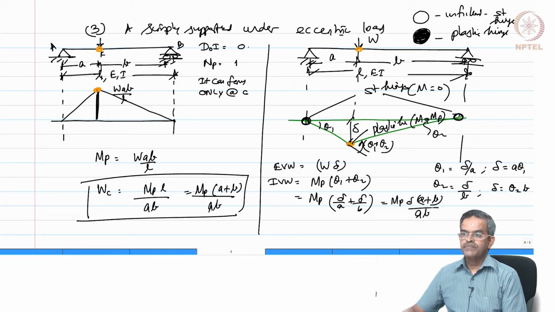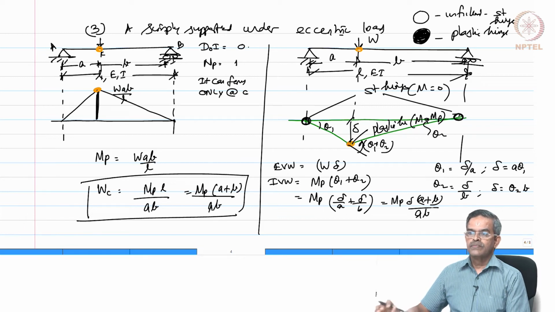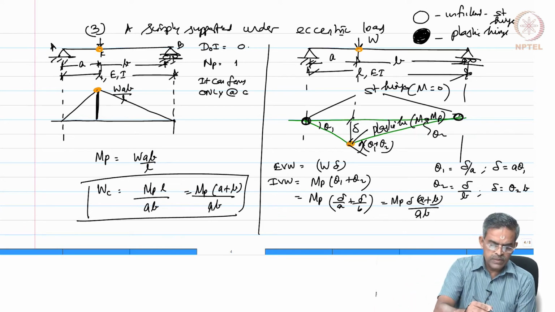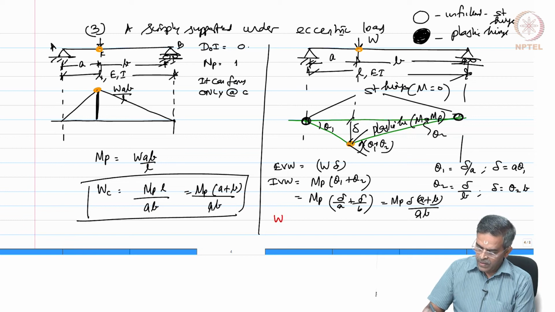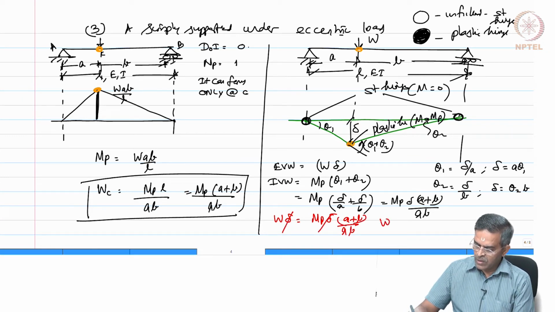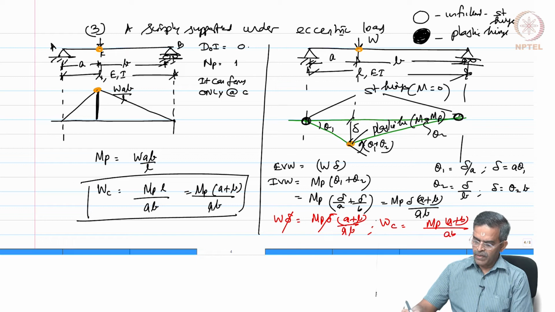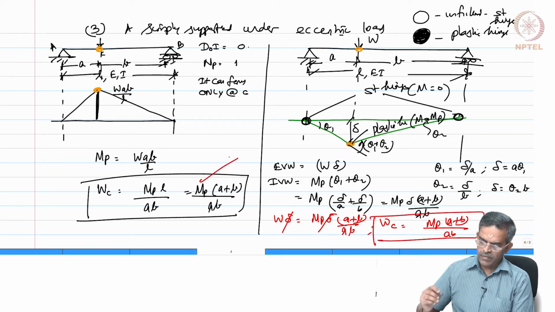So, we should equate this. W del is MP del A plus B by AB. So, del goes away. So, WC is MP A plus B by AB, which is same as we have here.